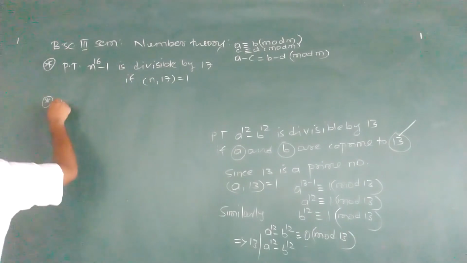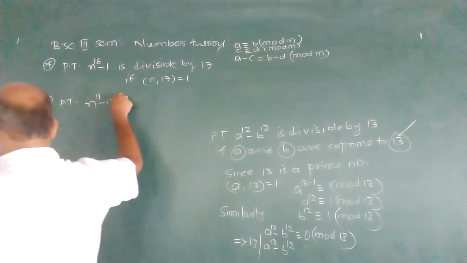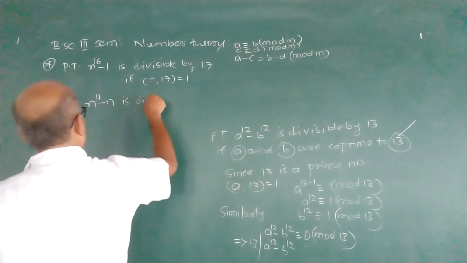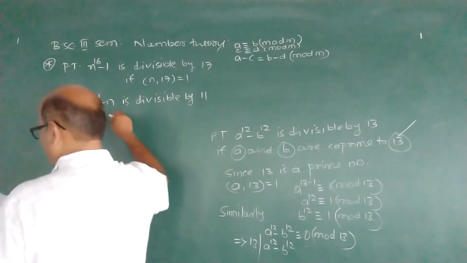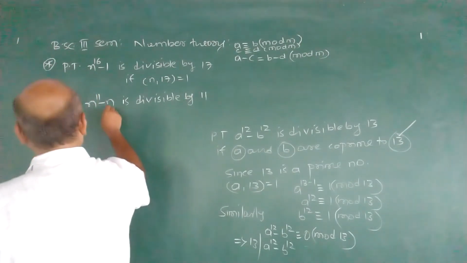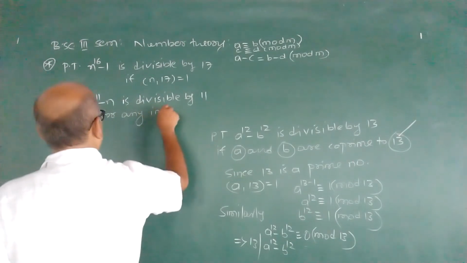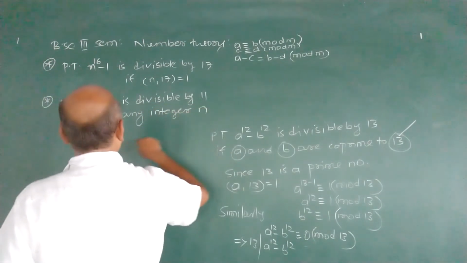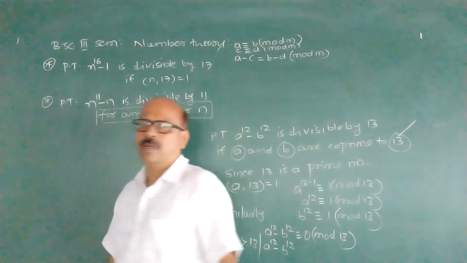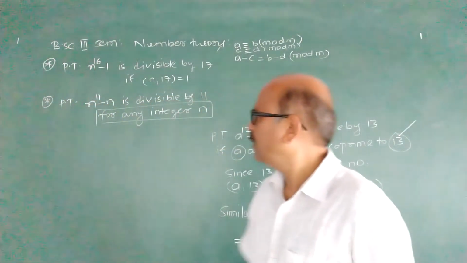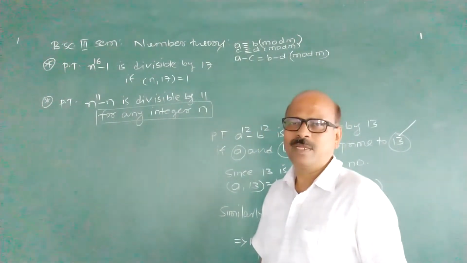Next, prove that n raised to 11 minus n is divisible by 11 for any integer n. So here, for any integer n, n raised to 11 minus n is divisible by 11.